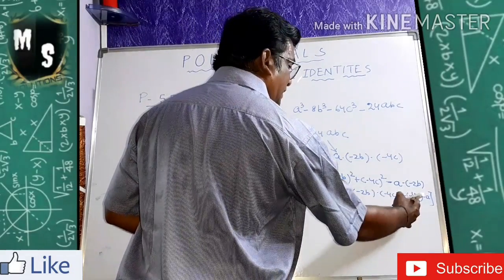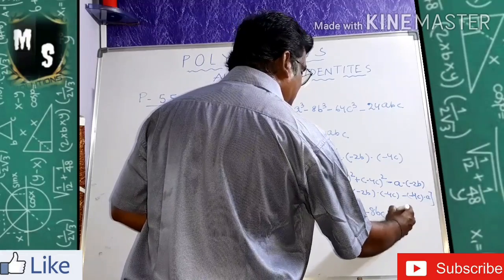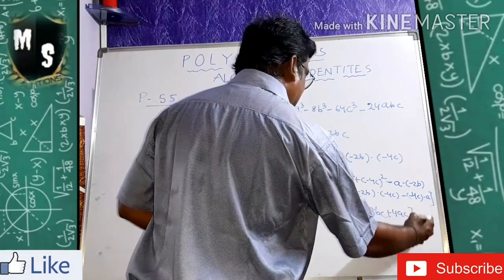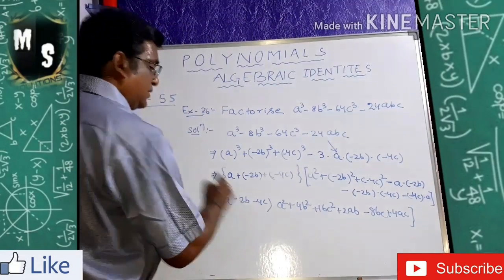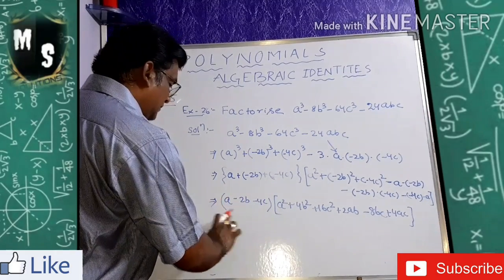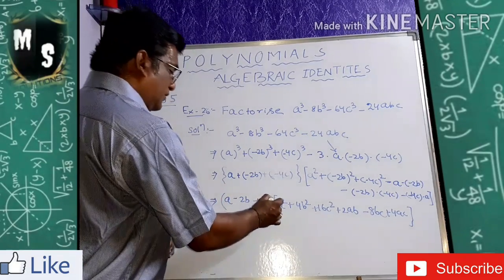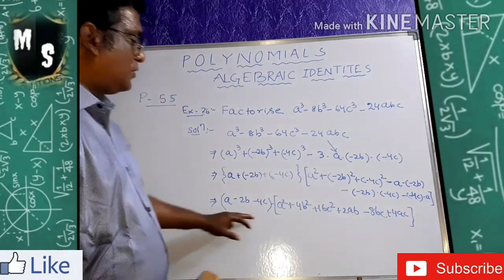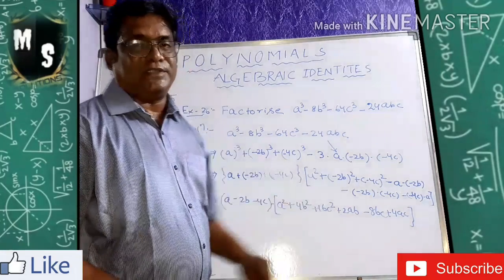Then minus into minus plus 4ac. This is the required answer for us. So this is the factorization, the product of two expressions now.